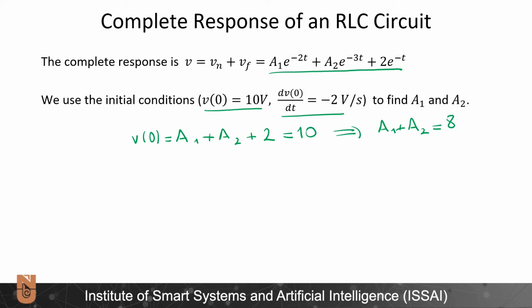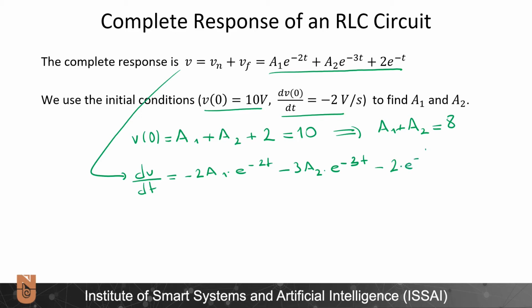Now let's take the first derivative of this equation. dv over dt is equal to minus 2a1 times e to the minus 2t minus 3a2 times e to the minus 3t minus 2e to the minus t.